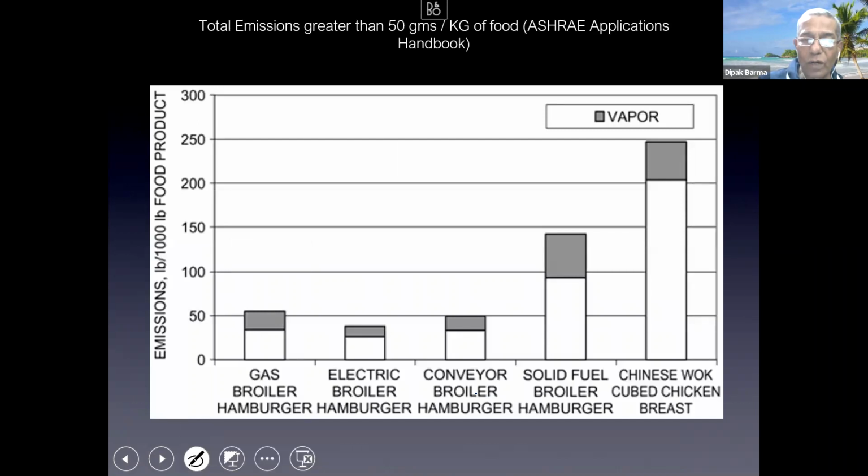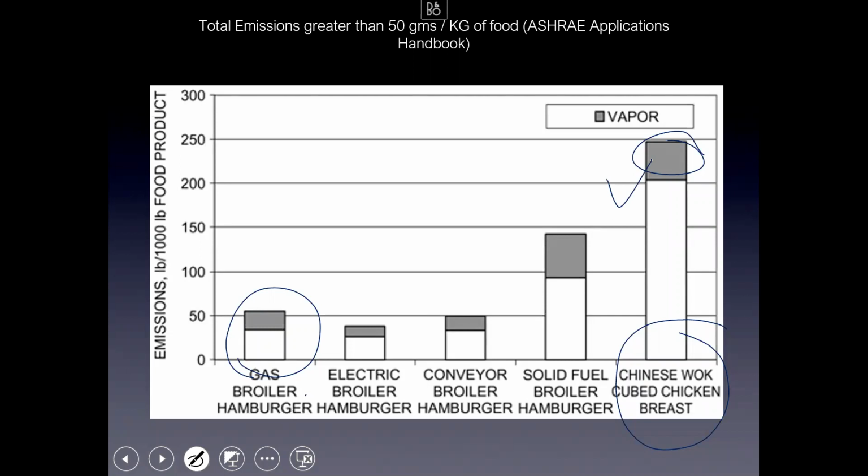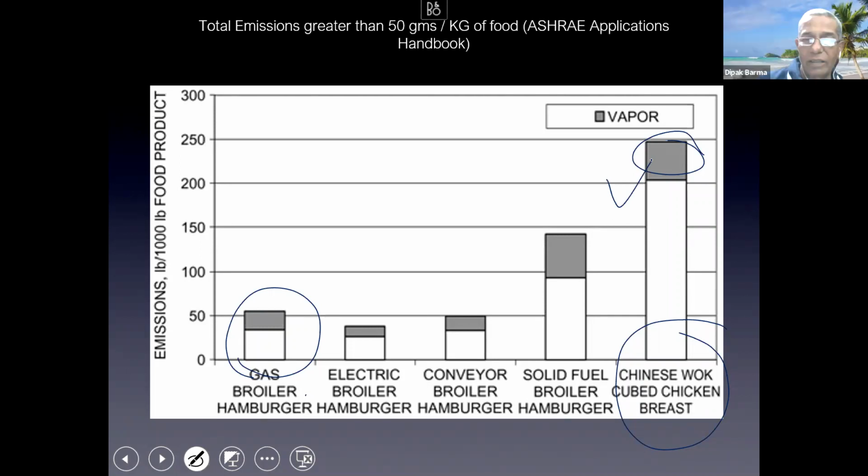Different food, different cooking media. So if you're using a Chinese wok, you have the maximum amount of particulate and some vapor, whereas in a gas broiler hamburger, you have much less at that level. So this is the case which I was talking about, where we do need different types of handling and different types of designing to take care of that. Okay.